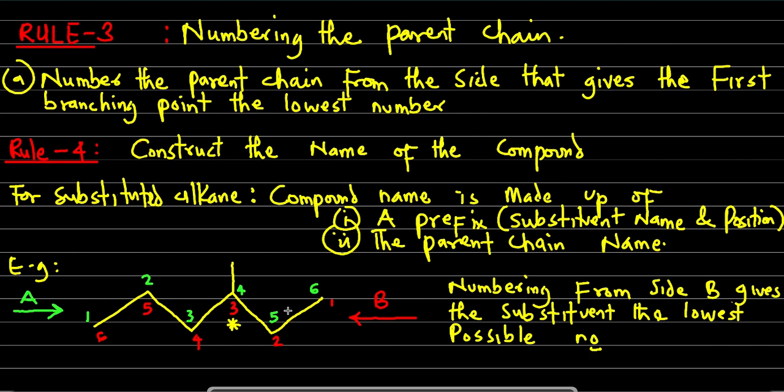So those are prefixes, all right? So when you're naming a compound, a prefix is always written first. A prefix is always telling us about the substituent and its position. All right, so before we go further, let's use this example below to explain rule number 3 and rule number 4.